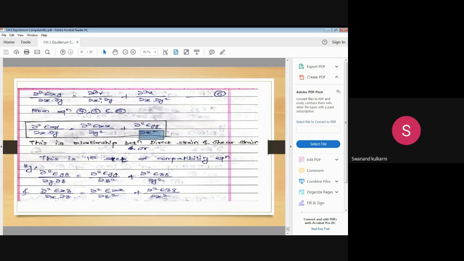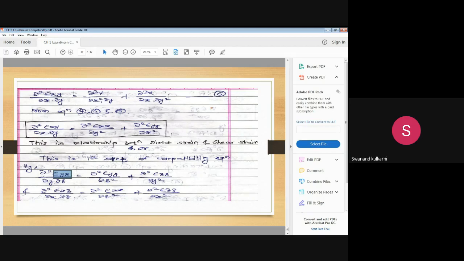So the same fundamentals we are going to apply for the second set of equation. For that purpose, here we are considering epsilon xy, and besides xy we have considered yz. So xy was considered epsilon xy, and here we have considered epsilon yz.